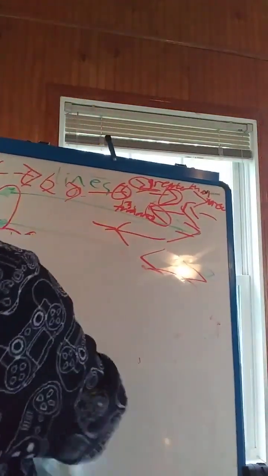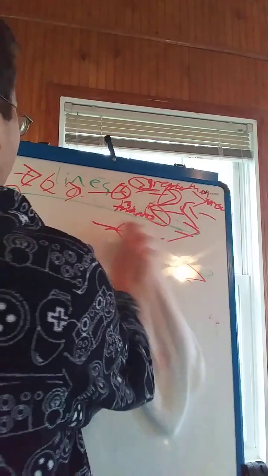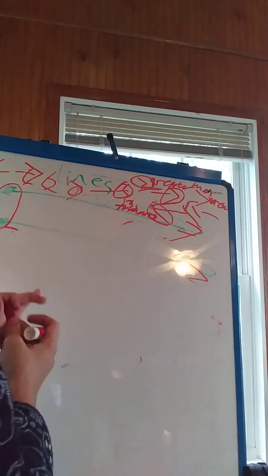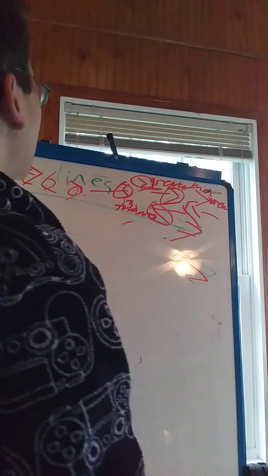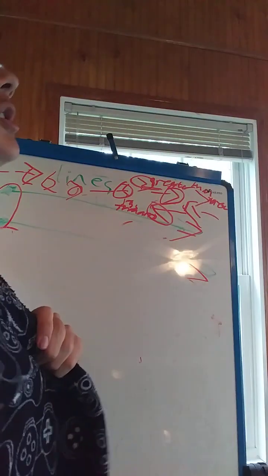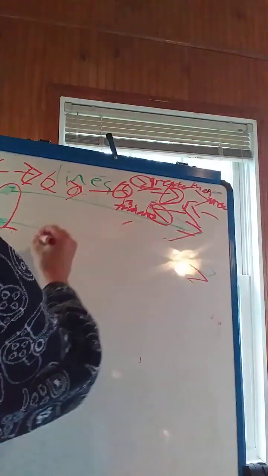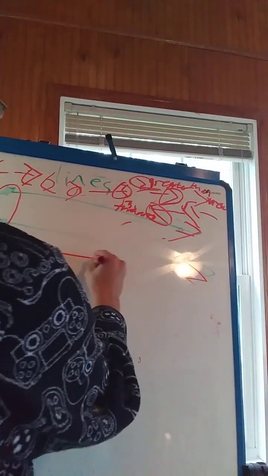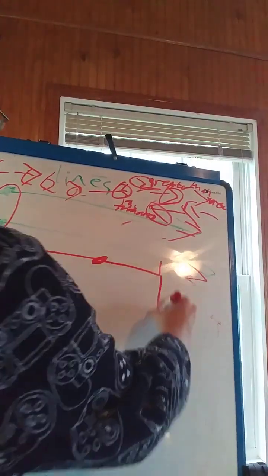So now that we understand all of that geometry, we might do something else. I can make all different kinds of shapes with it, but that's not really necessary. Now we're going to come to this, which is going to be a little bit more tricky.